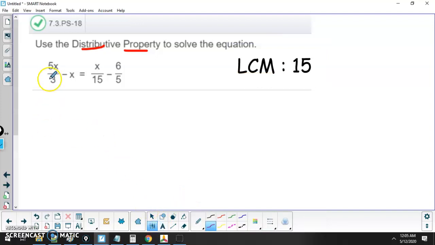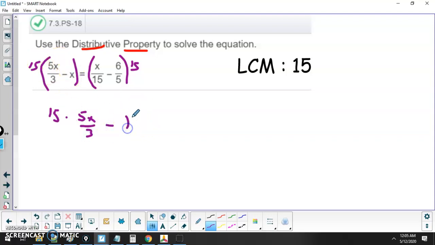So we're going to be multiplying both sides of the equation, using the distributive property, by 15. This 15 will get distributed, and then we'll cancel out those denominators. So it'd be 15 times the first fraction, and then 15 times x as well, so that's actually minus 15x.